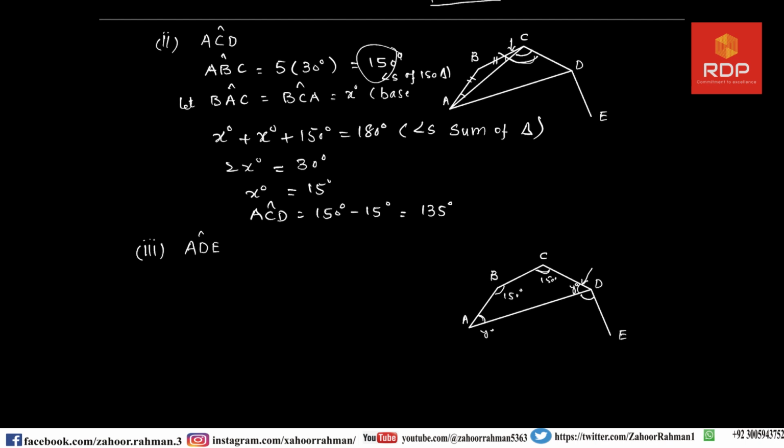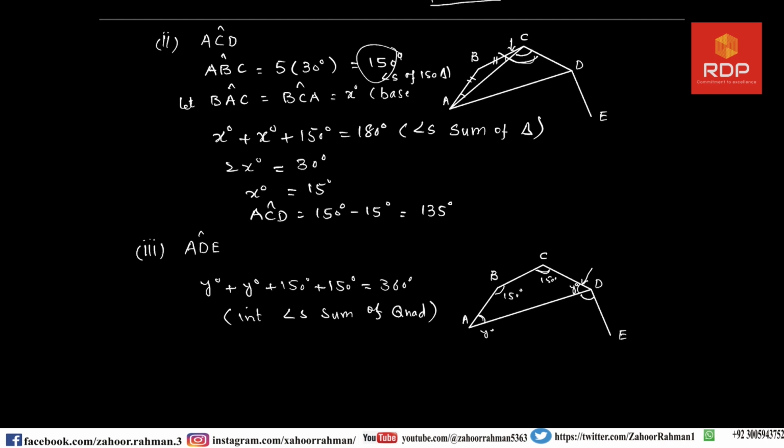So we can write y degree plus y degree plus 150 degree plus 150 degree is equal to 360 degree, and that is due to the interior angles sum of quadrilateral.